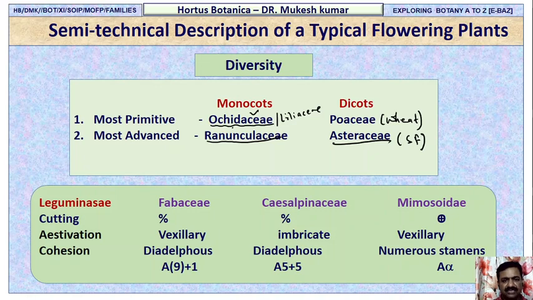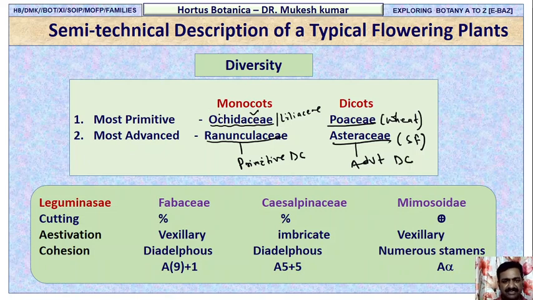So in monocot, primitive one is Orchidaceae, advanced one is Poaceae. In dicot, what we have? This is your primitive one in dicot, and this is the advanced one in dicot. Better to say this is primitive in dicot, this is advanced in dicot.